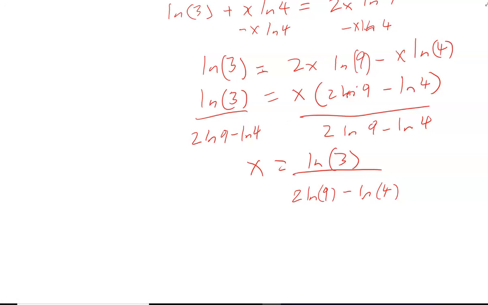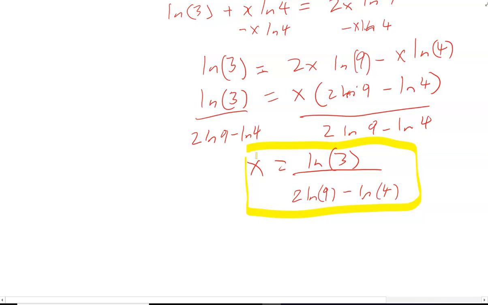That's our final answer. Okay. x equals ln of 3 over 2 ln of 9 minus ln of 4. Alrighty then. Let's look at another problem real quick.